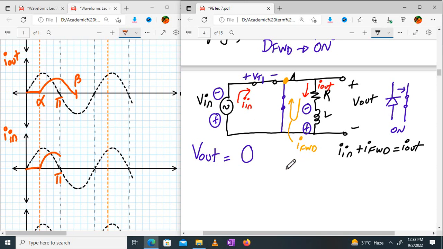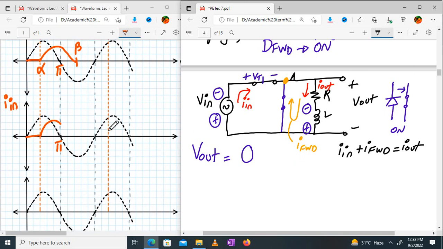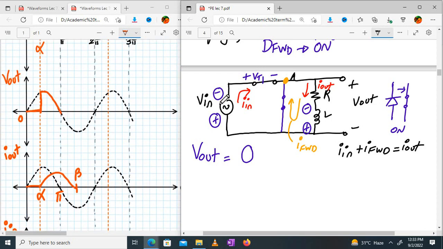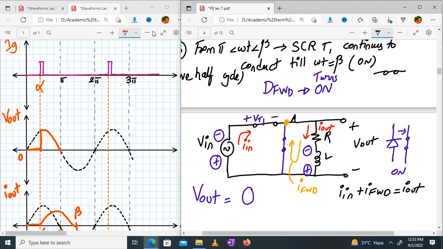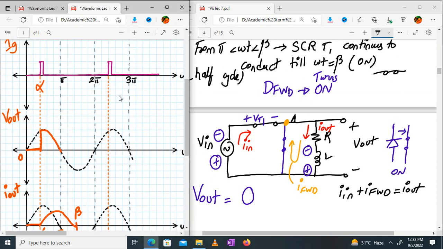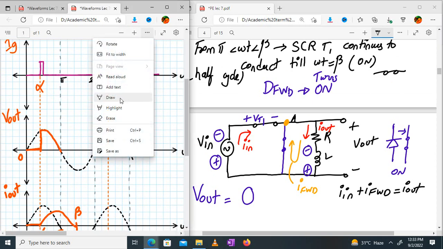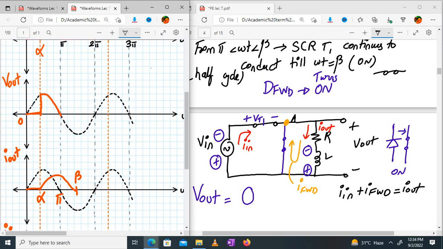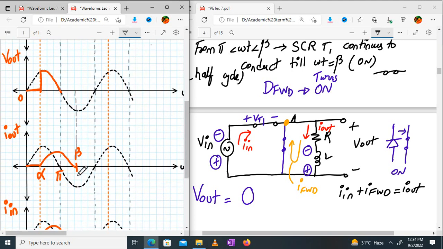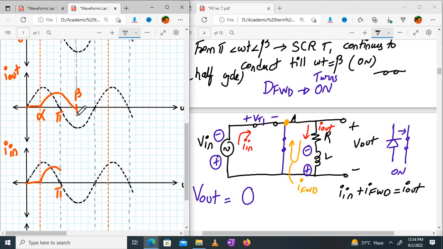Output is 0, agree? So let's draw that thing. Output is 0. So till 0 to, let me draw that beta value. Here is beta.